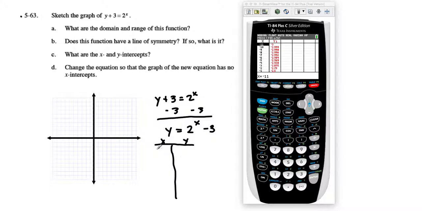I got the point -11, -3. You could say -1, -2.5 if you wanted to, or 0, -2. I'm going to include both of those.